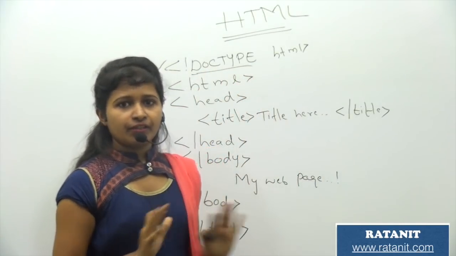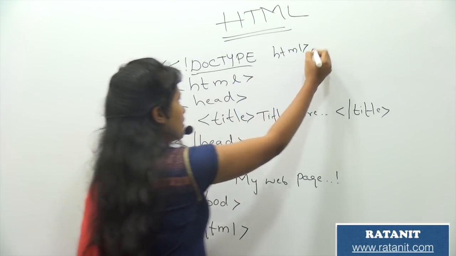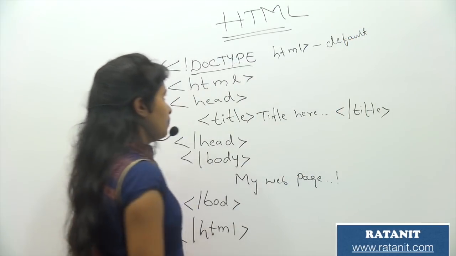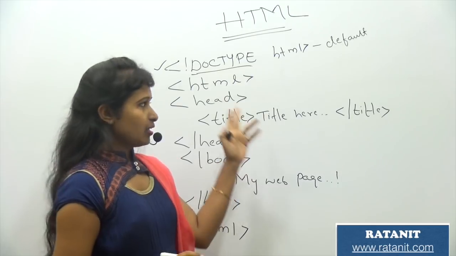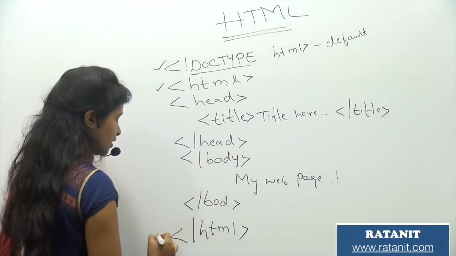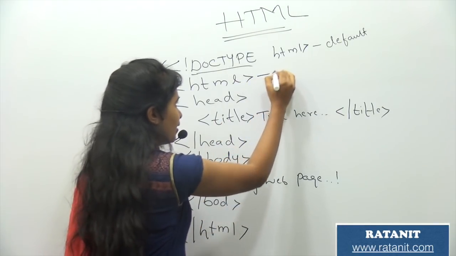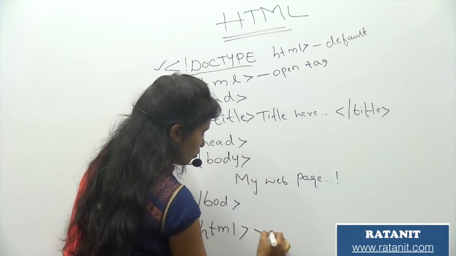If you do not give anything, it will indirectly take that doctype, that means it acts as a default. But if you mention it, you are strictly following the rules and regulations of an HTML page. And coming to the next thing, the HTML tag: an open tag and a close tag. This is the open tag and this is my closing tag.